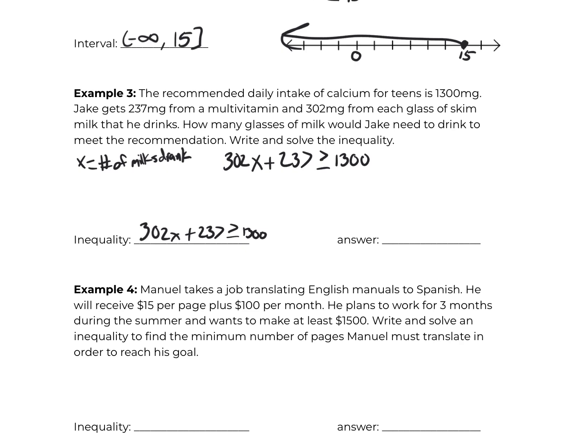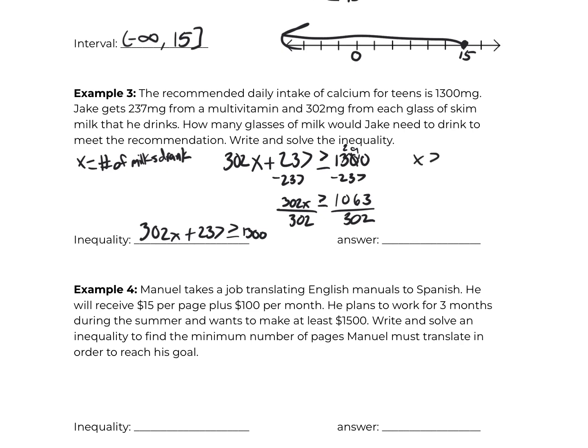So I want to get x by itself. I can subtract 237 from both sides. So 302x is greater than or equal to, let's see, that's going to be 1063. And then I'm going to divide that by 302.